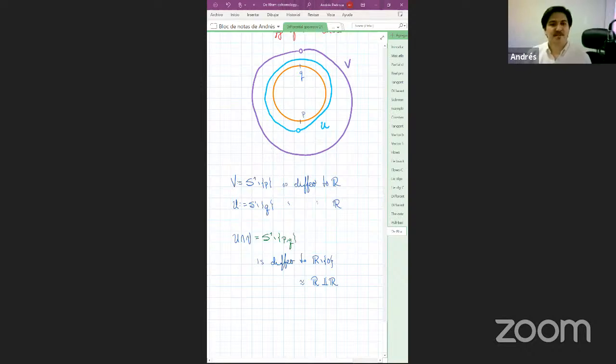Now, the good thing is that you know what this is now. What is the cohomology of U and V? That's what we computed at the beginning, right? The cohomology of the real line.